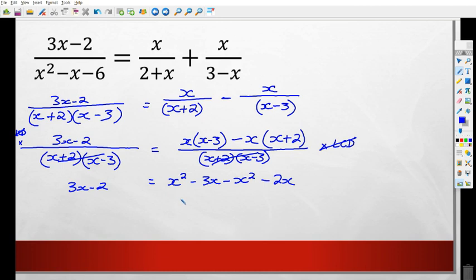Alright, immediately I can see I've got a positive x squared minus x squared. What is x squared minus x squared? 0, they cancel. Fantastic. Alright, now I want to get all my x's one side and all my numbers the other side. I'm going to take my x's this way, though it doesn't really matter which way you take them.